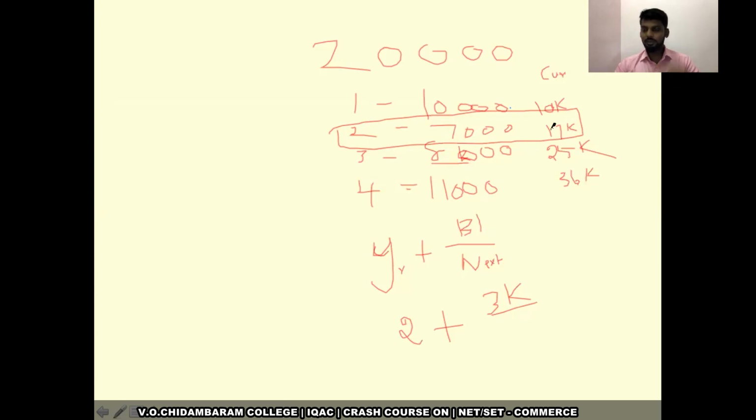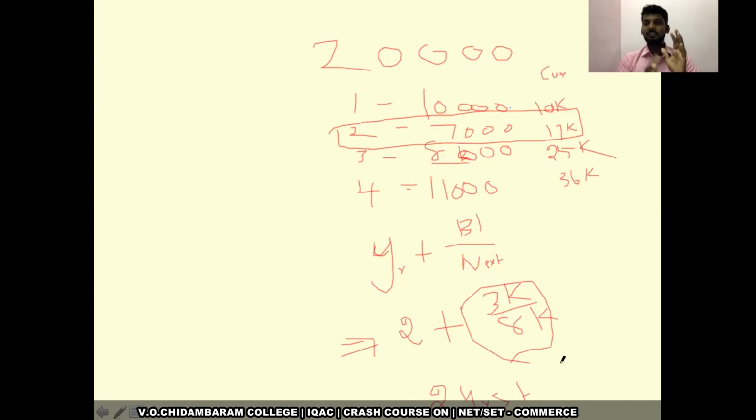Not the cumulative one, the real cash flow is 8,000 rupees. If you simplify this, it has to be converted into months. So it is 2 years plus whatever months come in, and at that point of time you would get back your initial investment.